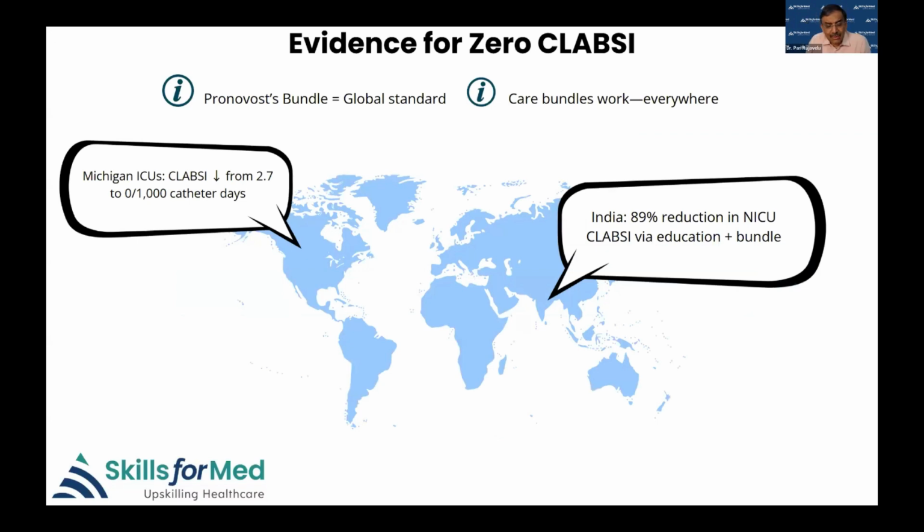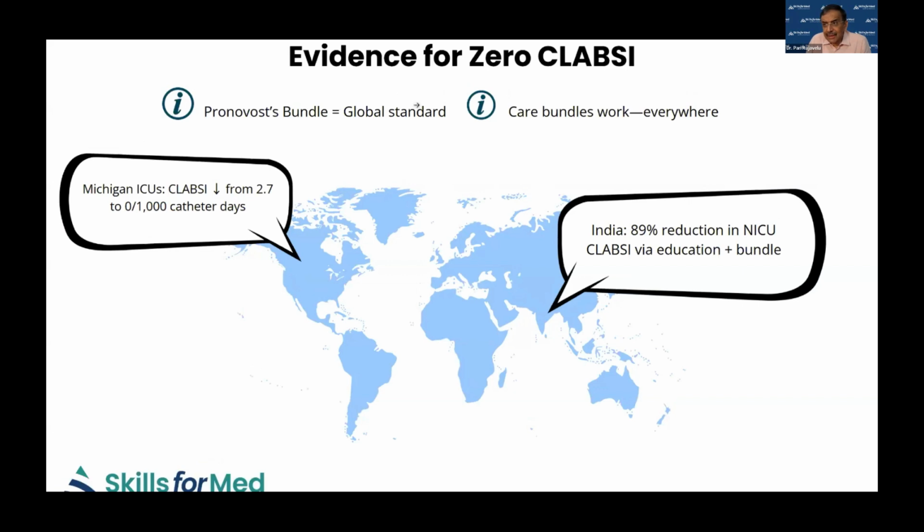Before I start, I wanted to share with you this particular study. I think anybody who is working in the ICU or is involved with the care of a central line should be aware of this study. You will know the reason why I am telling this.